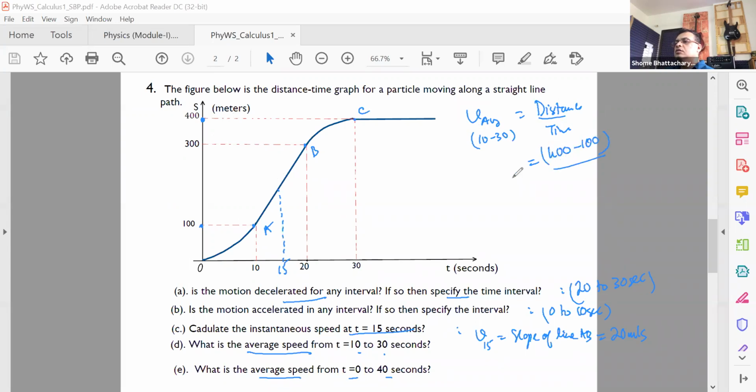It's a distance of 300 meters, which we are covering in how much time? 10 to 30. So that's 20 seconds. So this becomes 300 by 20, or 15 meters per second. So you can see that this average speed between 10 and 30 is less than the instantaneous speed at 15. Why? Because there's deceleration involved.